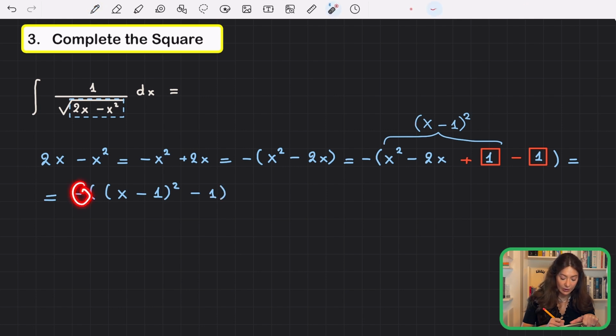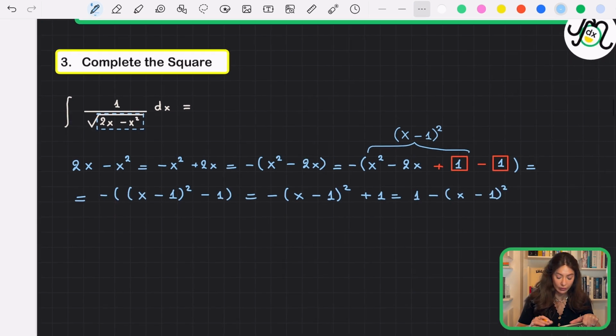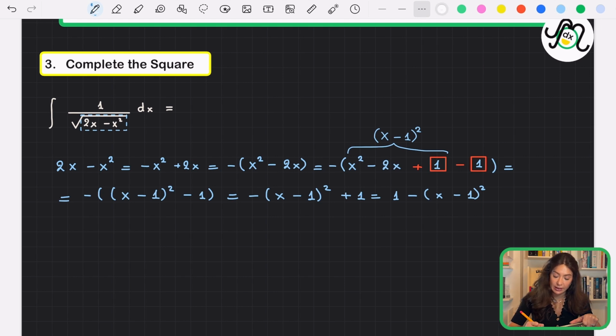Now I'm going to put this minus back here that I took out during that step. Plus 1, right? And I'm going to write that positive first. And I will explain why we did all of this in a second.